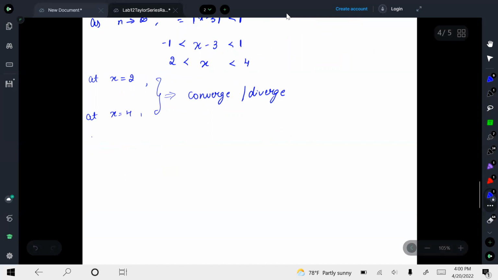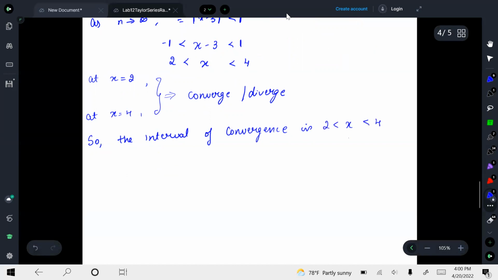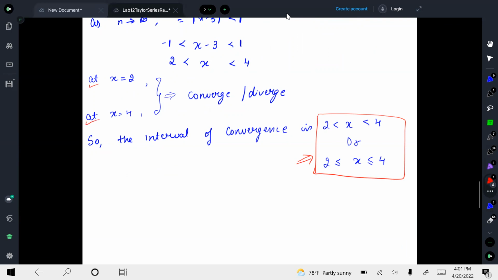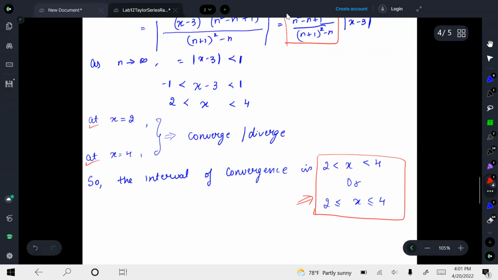So the interval of convergence is either strictly between 2 and 4, or it includes 2 and 4. You have to decide between these two. In order to find which option, you need to check what is happening at x equal to 2 and 4. So I will leave the last work to you.